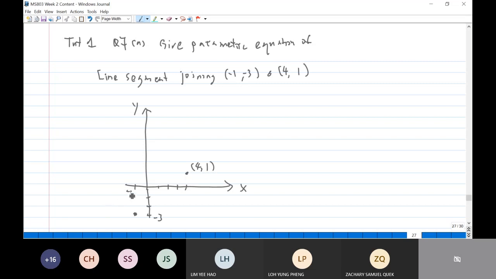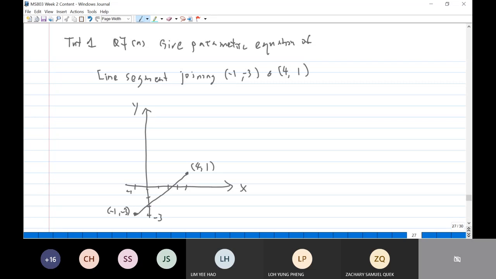So the line segment is actually a straight line joining these two. There are many ways to do this.